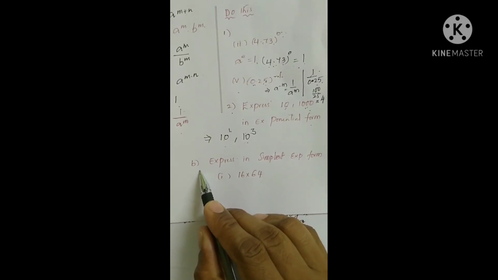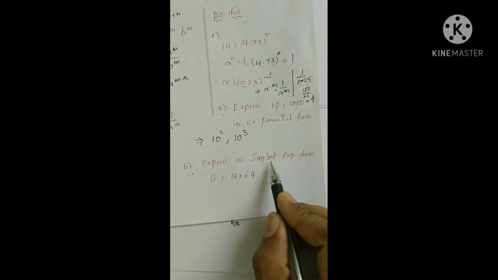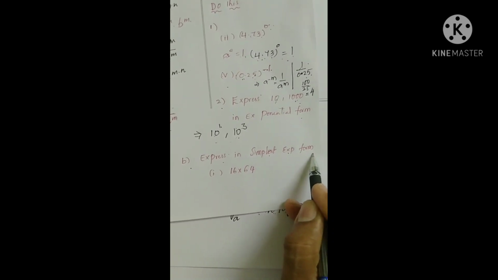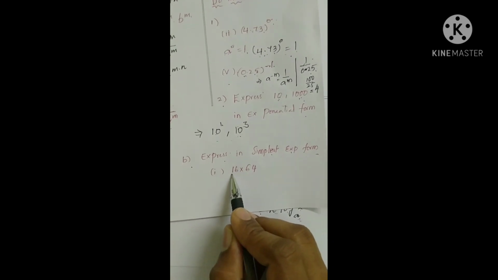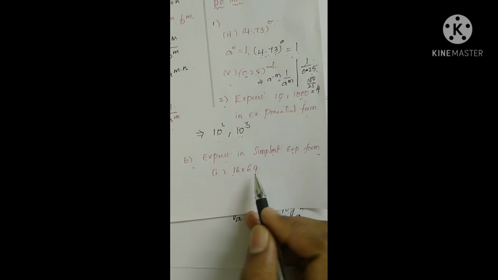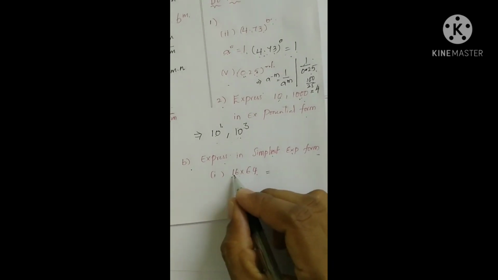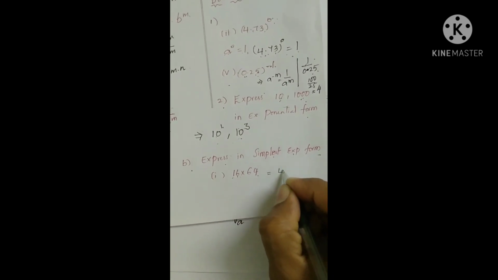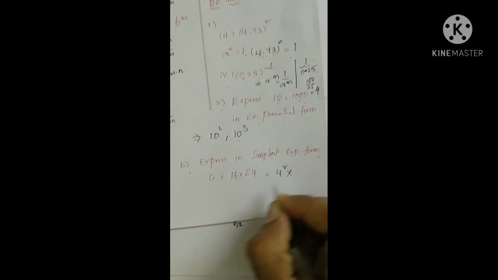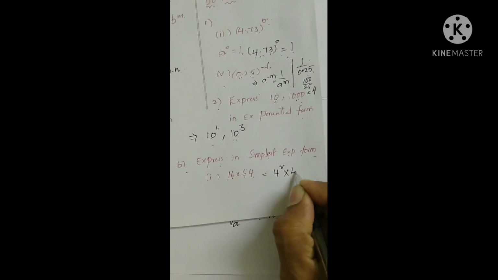Next one: express in simplest exponential form. This is the question, 16 into 64. Here 16 is 4 square and 64 is 4 cube.